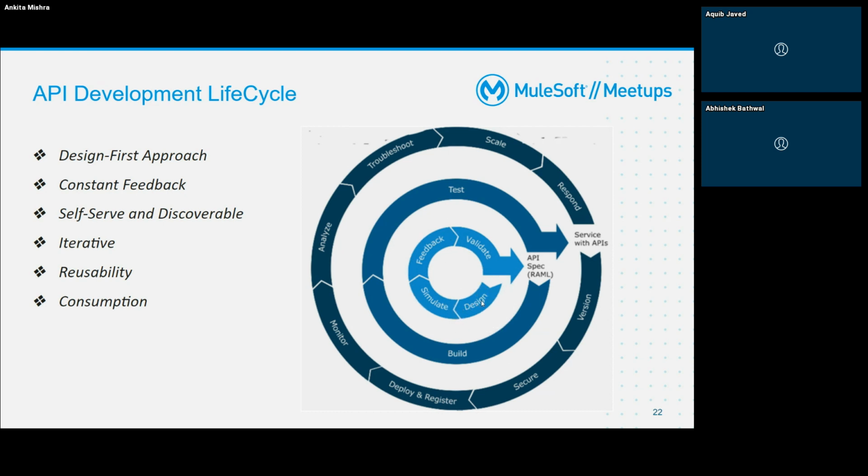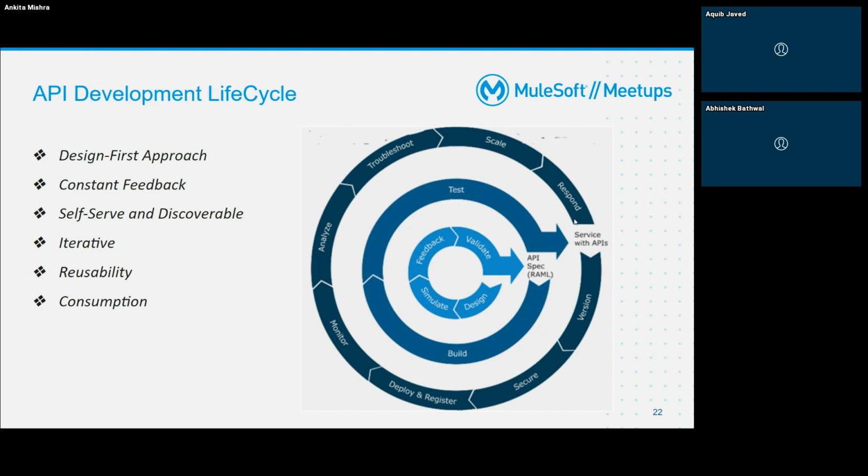Make changes in your design, again simulate it, get the feedback. Okay? Once this entire process is through and your architecture is valid, then you will release this API specification. Once your API specification is released, then you start moving into the development phase where you build the application and test the application.